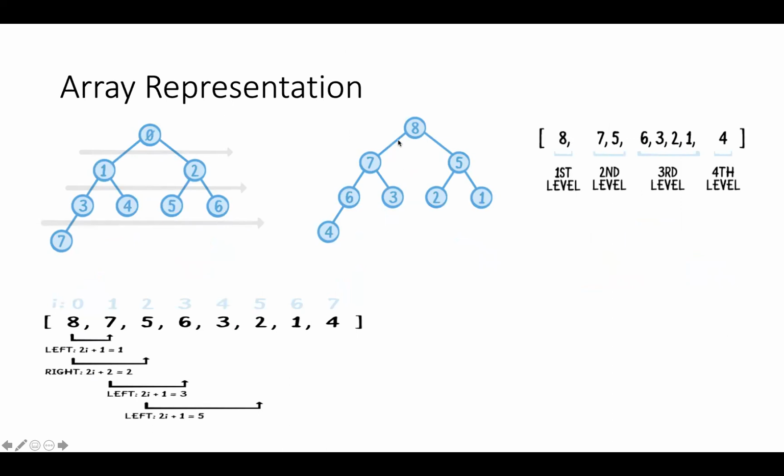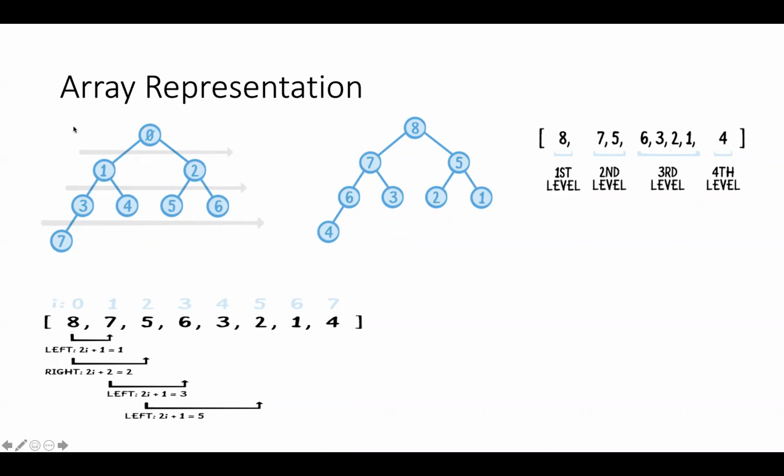If we represent the same in array format, indexes 0 1 2 3 4 5 6 7, this can be completely mapped to array indexes. Why? Because we are adding each element while maintaining the complete tree property.